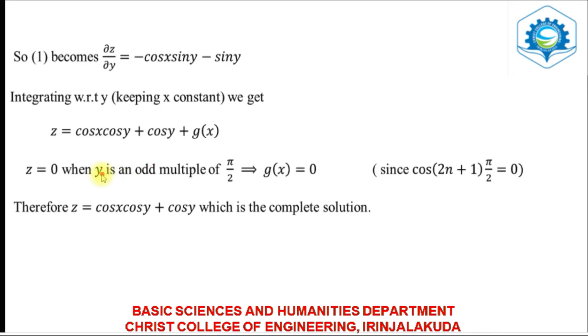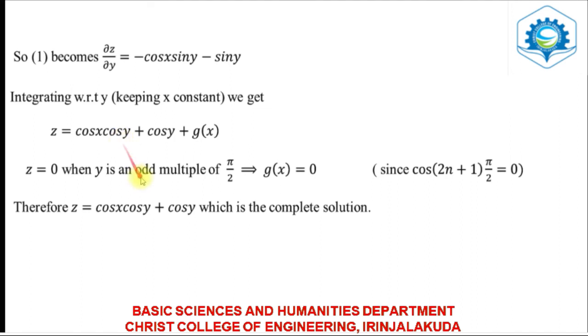That is, an odd multiple of pi by 2 means some 2n plus 1 into pi by 2. Now, here we have y inside our cos function. Cos y is here. So, what is cos of 2n plus 1 times pi by 2? It is 0. If we take the odd multiples of pi by 2, pi by 2, 3 pi by 2, 5 pi by 2, all are on the y-axis, so definitely cos is 0 there.